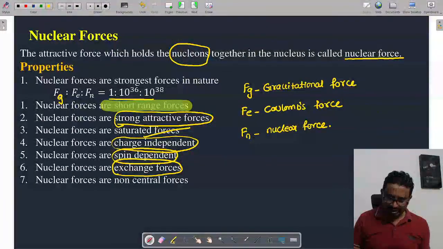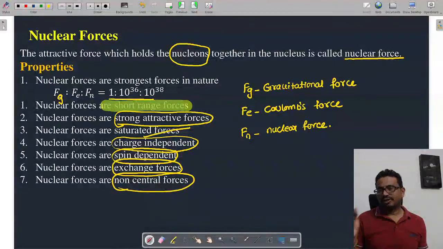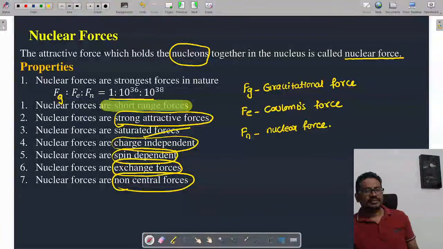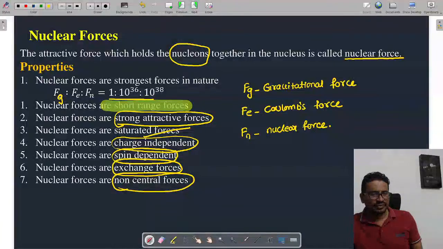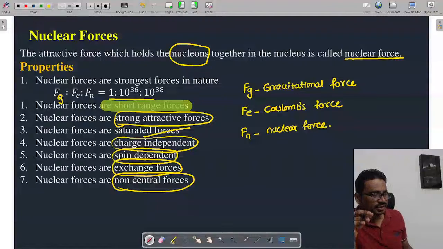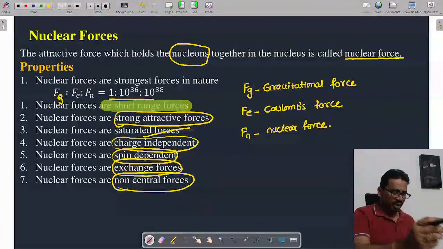And these are non-central forces. A central force means the force which passes through the center of the bodies. But nuclear forces are not central forces. Nuclear forces are non-central forces.